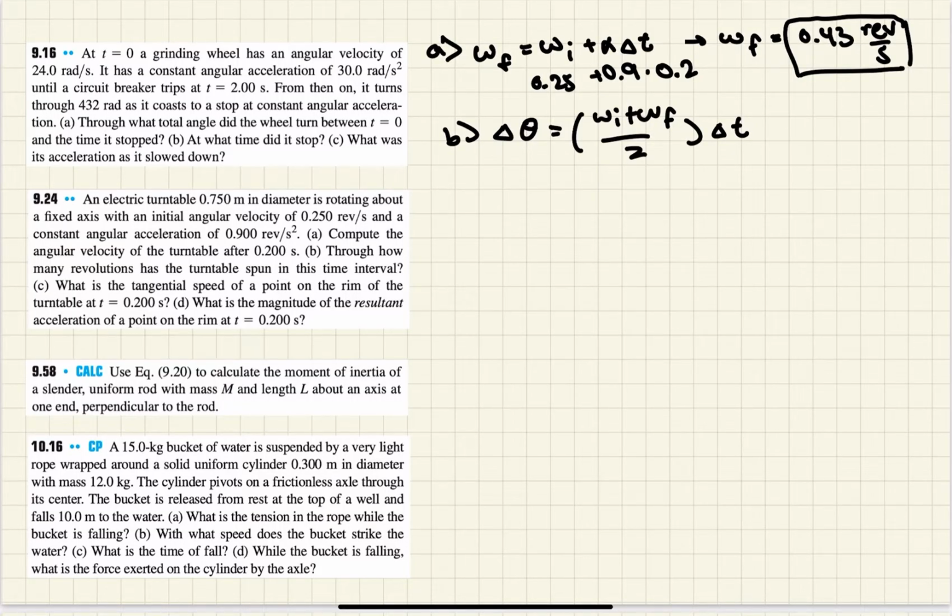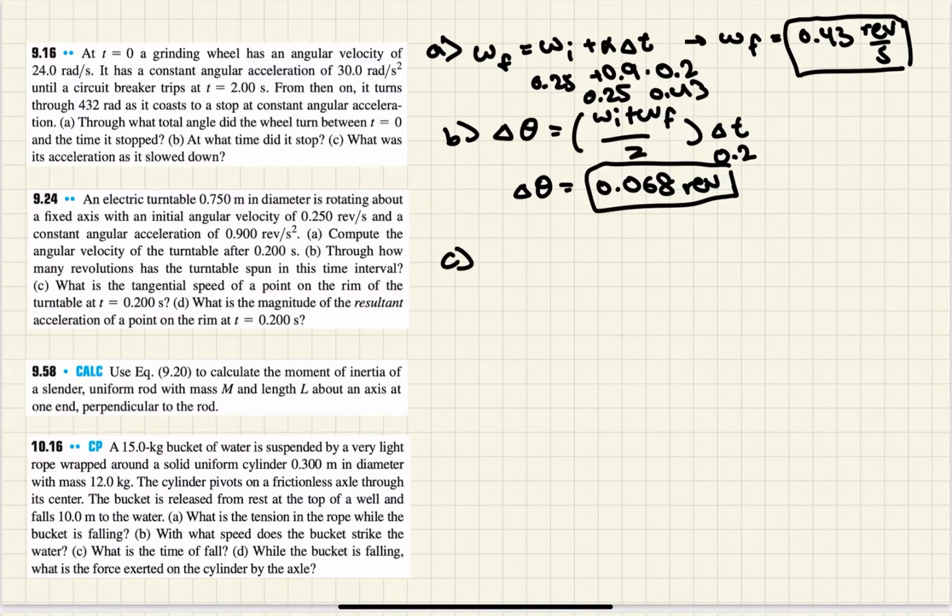So we know it starts off with 0.25, and then that's 0.43. Delta t is 0.2, and so 0.25 plus 0.43 is going to be 0.68. Divide by 2 is 0.34, multiply that by 0.2. You're going to get a delta theta angular displacement of 0.068 revolutions, because we're still in those units.